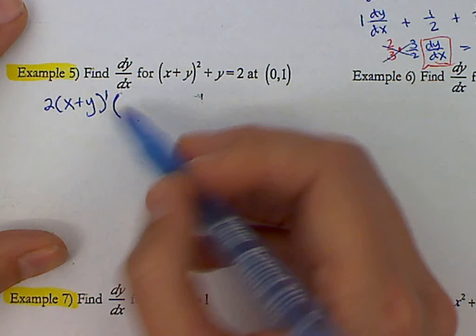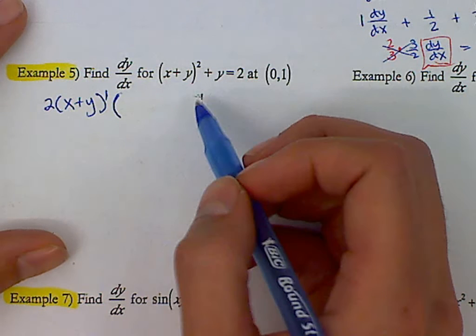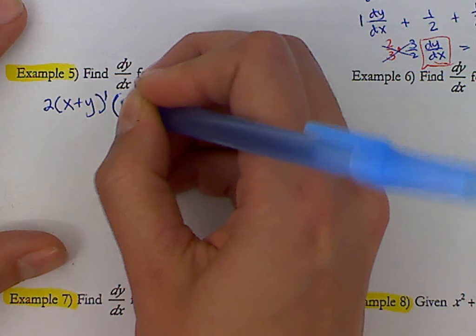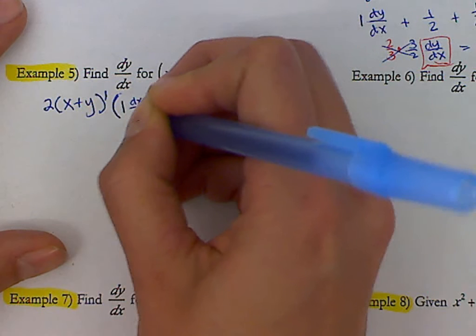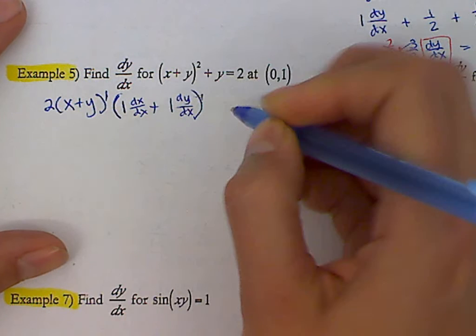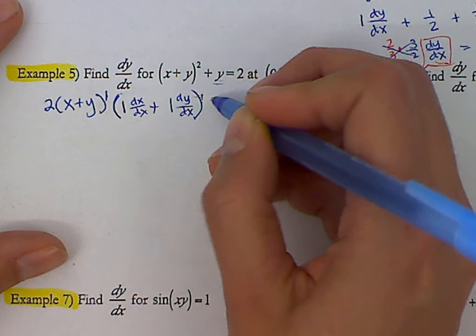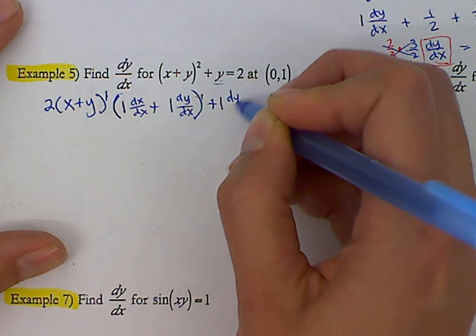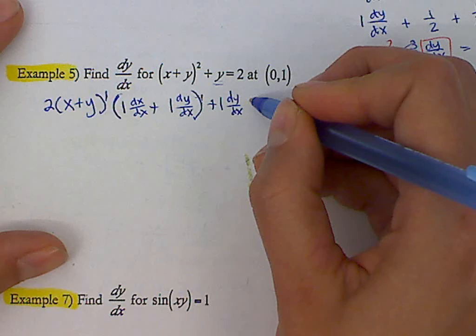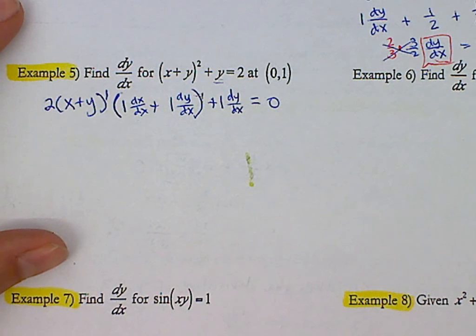The derivative on the inside is just the sum and difference rule, so I'll take the derivative of each of these and add them together. So it's 1 dx dx plus 1 dy dx. And now the derivative of y is plus 1 dy dx equals 0. I'm going to use the same strategy that we did in 4.